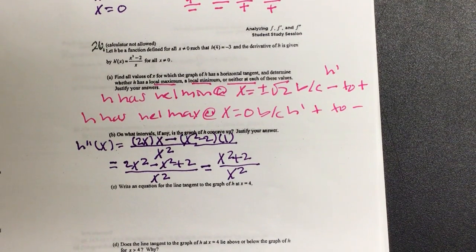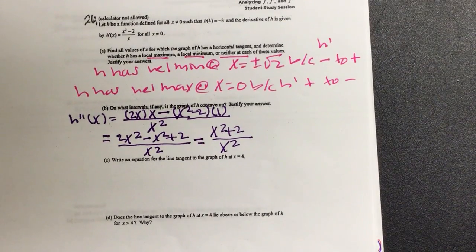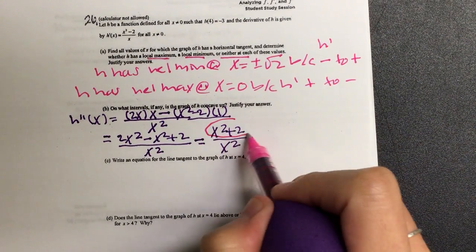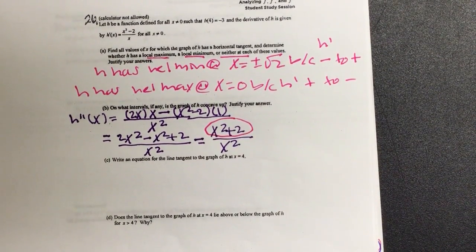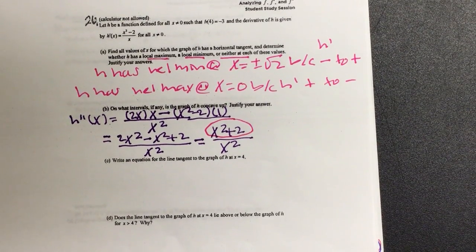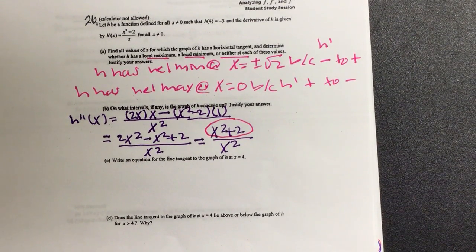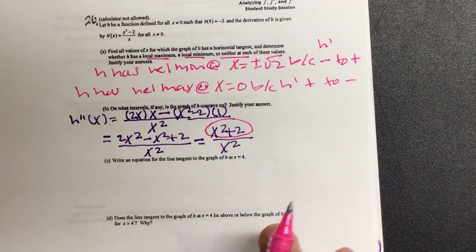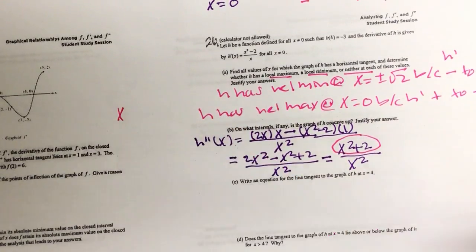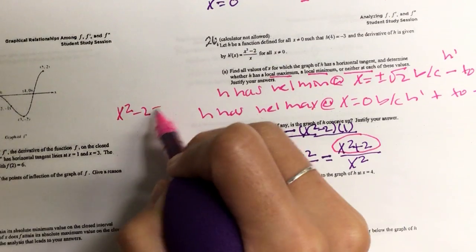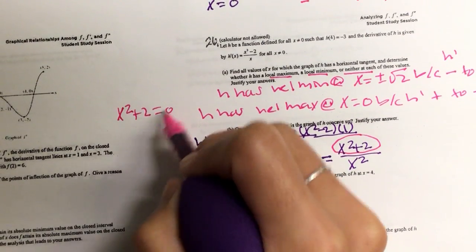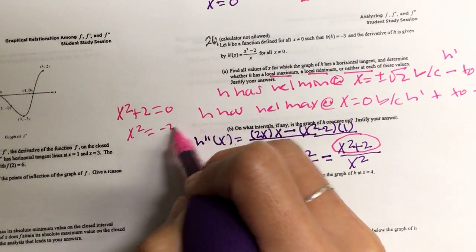So when I set the top and the bottom equal to 0, I want you to look at the top. Is that going to give me a real number or an imaginary number? If x squared plus 2 is equal to 0, we subtract 2 on both sides, so x squared is equal to negative 2.